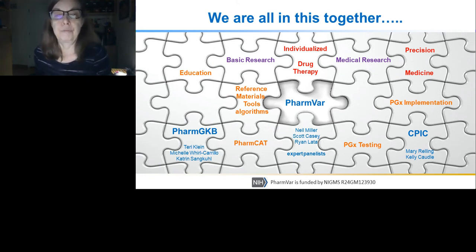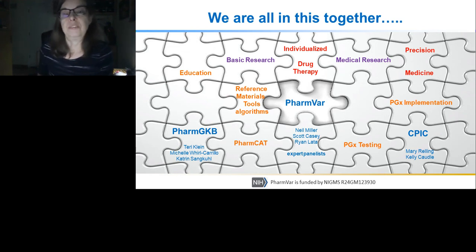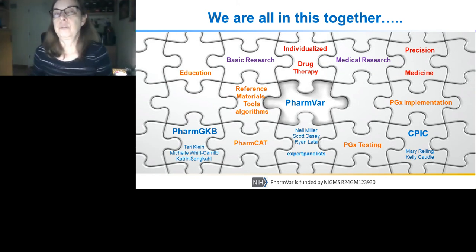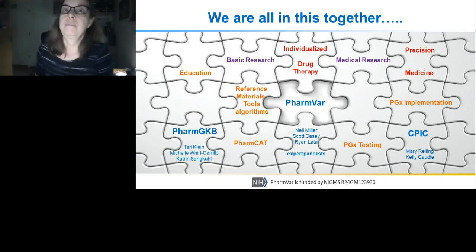Although I put PharmVar here in the middle piece, there are so many puzzle pieces that have to come together, whether it's basic research, medical research, education, PharmGKB, PharmCAT, PGx testing, or physicians, to make this happen for the patient to receive individualized drug prescribing and move precision medicine forward.